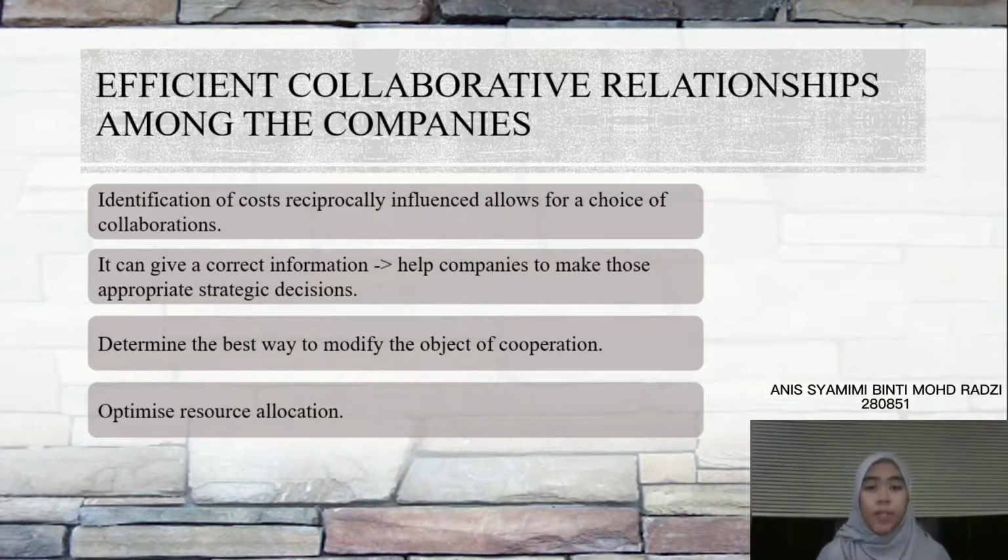The correct information about differential costs arising from possible alteration of the collaboration relationship will help the company make appropriate strategic decisions in the logistic activities. This will help them realize with other companies the best way to modify the objective of cooperation in order to make the supply chain more competitive.